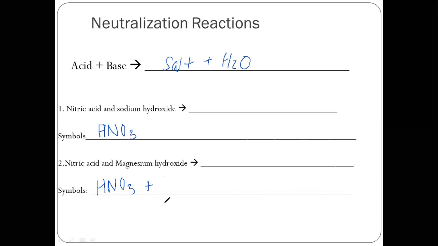So before I just go down and write MgOH, I need to look up the charges and crisscross them. So Mg is in group 2, so it has a +2 charge. Hydroxide is a table E problem, or polyatomic. So when you crisscross them, you get Mg(OH)2.